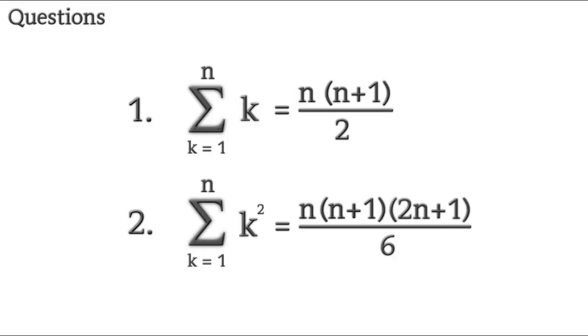Finally, the question section. I've given you 2 standard proofs that you are in fact required to be able to do. Both of them use proof by induction, and one of them is the proof of the sum of integers, one of them is for the sum of the squares.